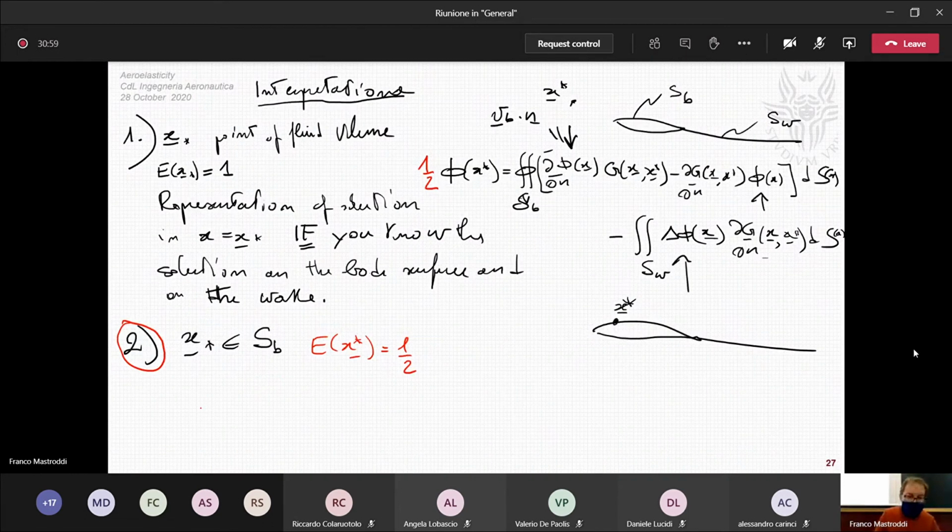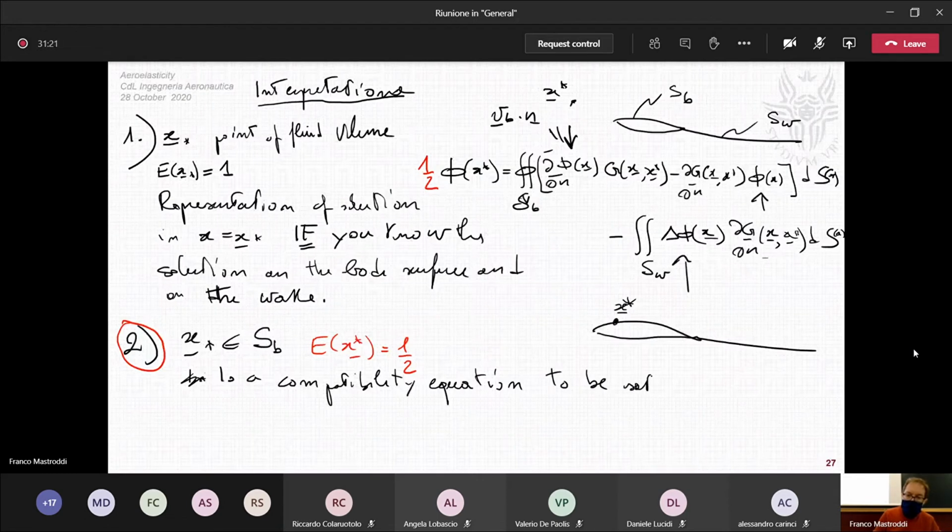In fact, in this case, this equation is a compatibility equation to be satisfied by phi of x, which is my solution, and another point, phi of x star.